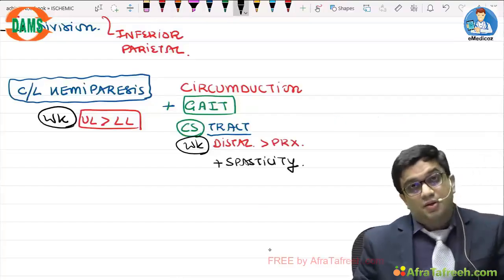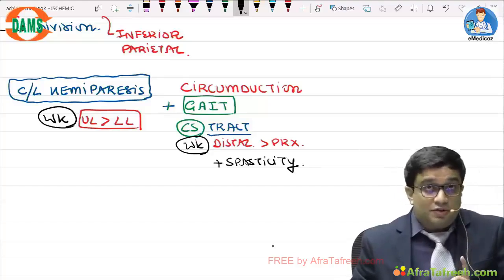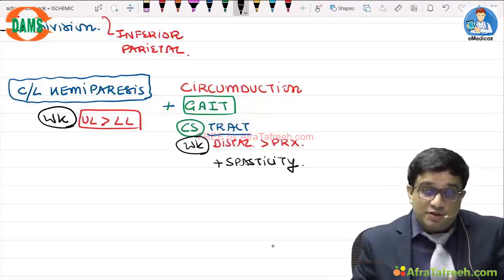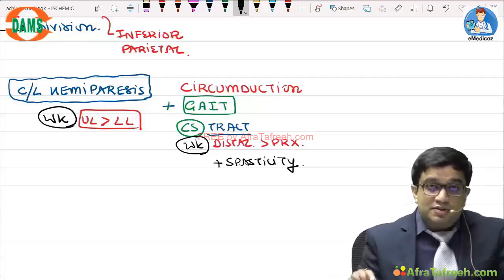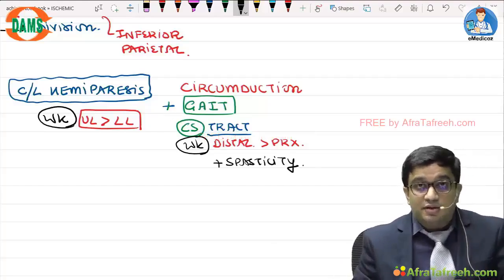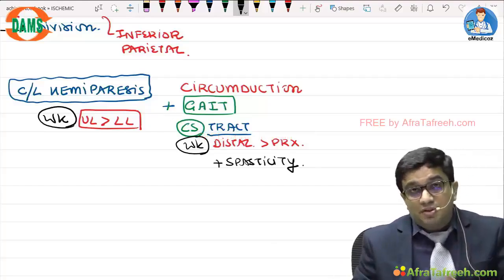Because of that, I always took the support of the normal side and dragged the foot. Why? Because the distal foot is more weak than the hip joint. So I was able to walk making a half circle every time like a compass, known as a circumduction gait, right?